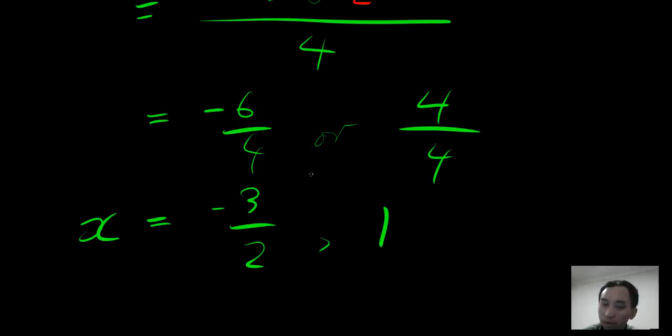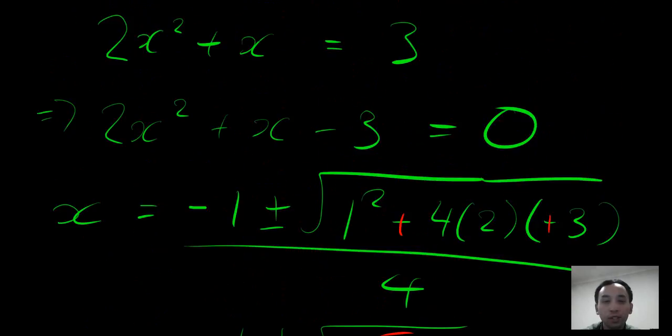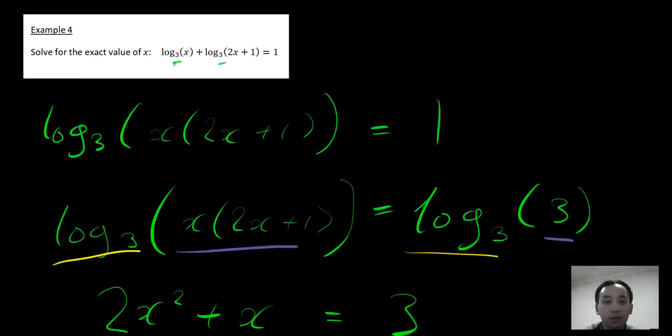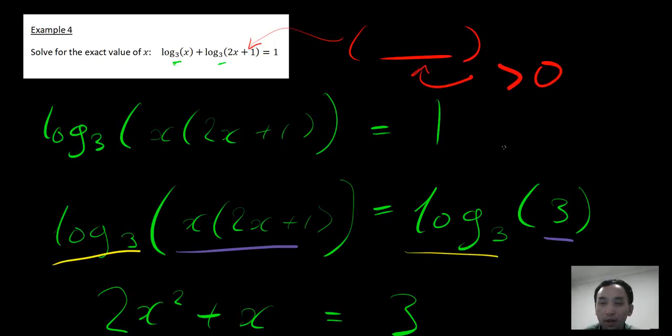Now, you may think we're done over here, but the trick here is that we're solving for x, right? Now, what values can x take? In this case, we've got to scroll all the way back up to our equation. And remember that what's inside the logarithm bracket must be positive. So what's inside this bracket has to be greater than 0. Otherwise, the logarithm is undefined when it's 0 inside.